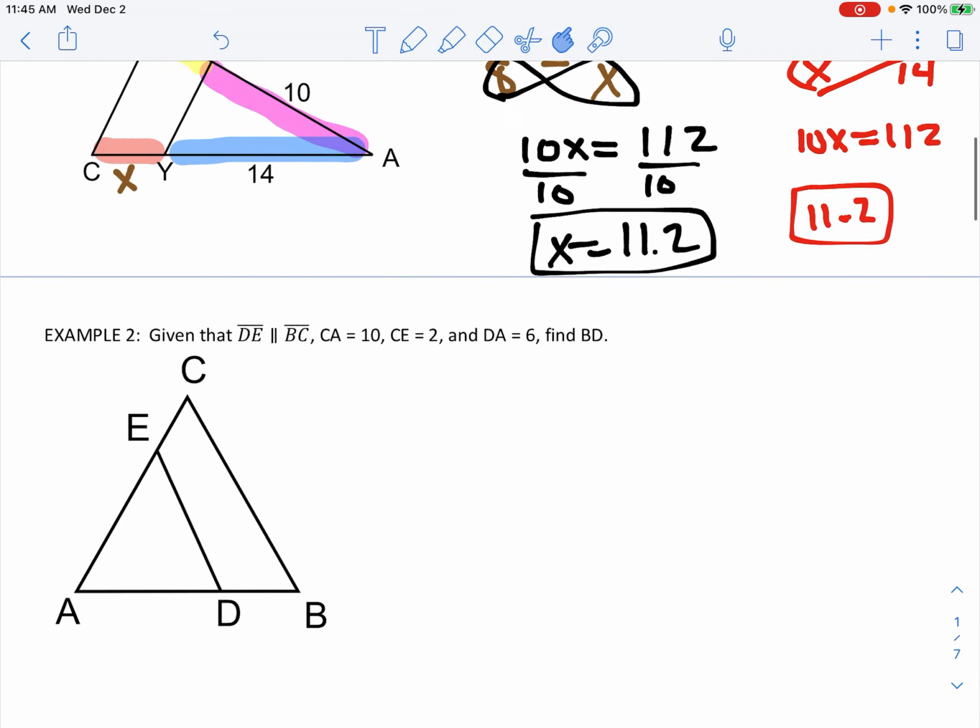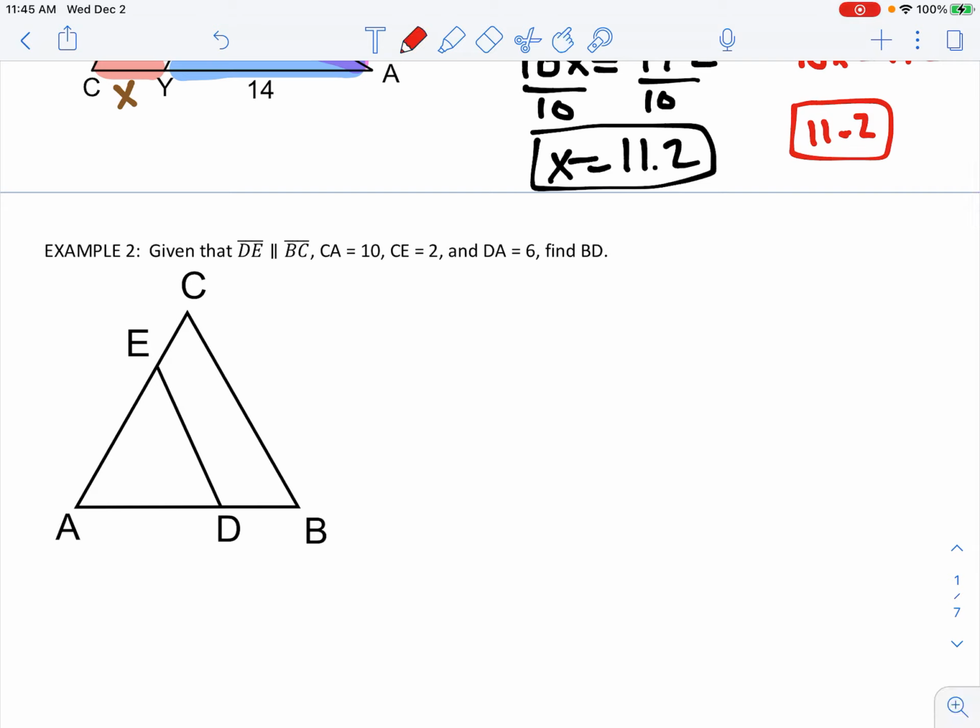All right, let's go ahead and look at another. It says that CA is 10, so the whole thing is 10. It tells us that CE is 2, so I'm going to put a 2 on CE. It says DA is 6. It wants us to find DB, so let's put an X on BD.